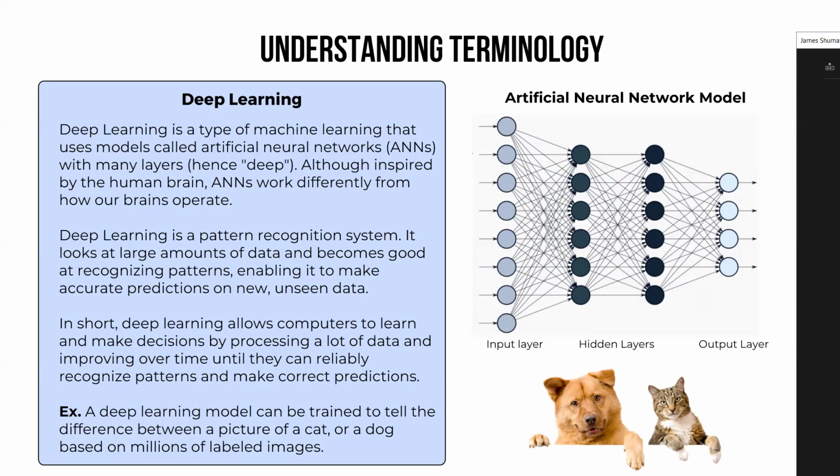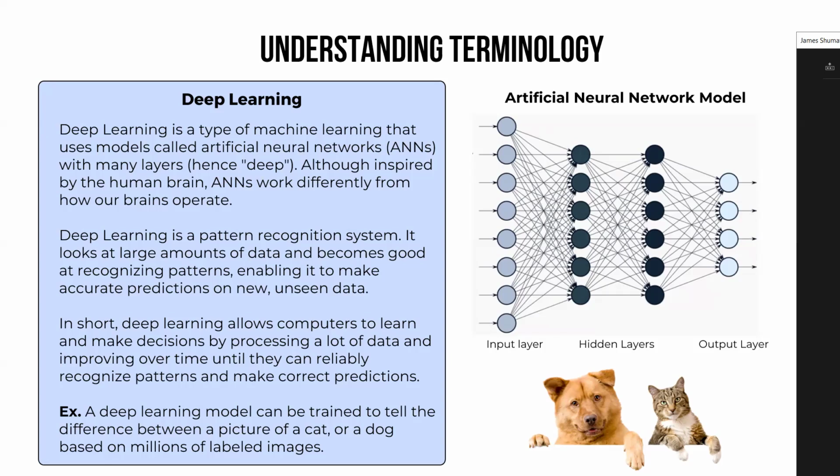So, for example, let me talk a little bit more about that. You would give a deep learning model lots of examples in the input layer. It could be millions and millions of pictures of dogs and cats. The model has lots of hidden layers right here, maybe something you've heard about before. Each layer learns something different, maybe starting from simple things such as shape or color and getting more complex as it goes.